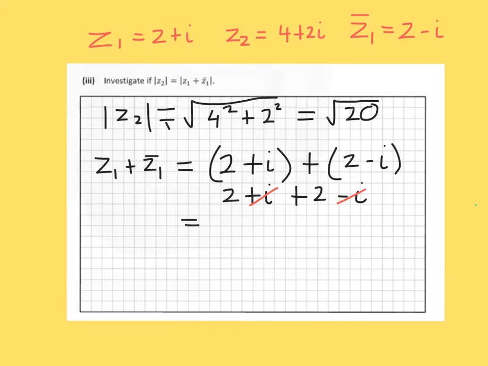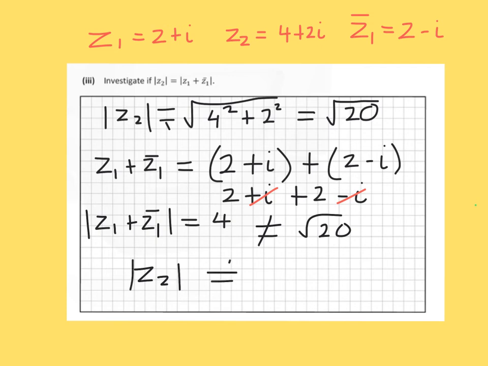So my answer is going to be 4. Because we have no imaginary part, the modulus of z1 plus z1 bar is simply 4, as we can't do the square root thing when we don't have an imaginary part. And so we know that 4 is not equal to the root of 20. Therefore the modulus of z2 does not equal the modulus of z1 plus z1 bar.